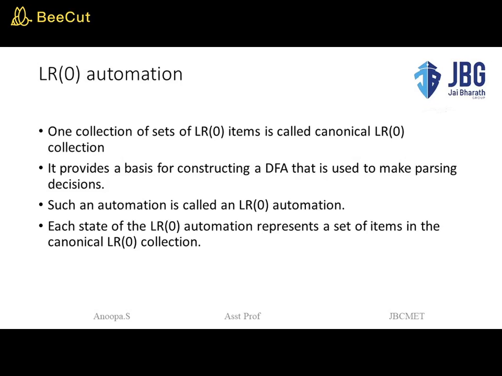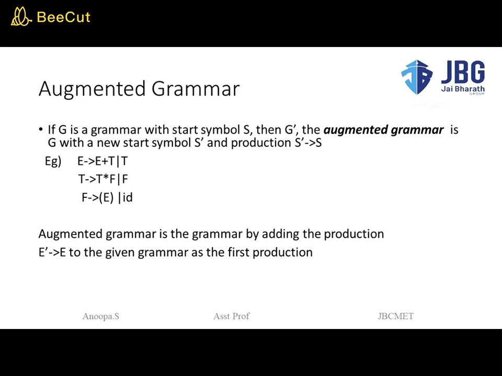The dot can be at the first position, that is A giving dot XYZ. Second, the dot can be after the first terminal or non-terminal symbol, so A giving X dot YZ. Third is after two symbols, in this example after XY. And the last one is at the end, A giving XYZ dot. These are called items.